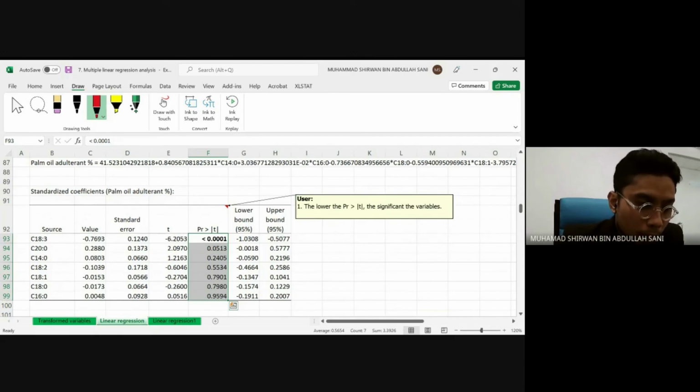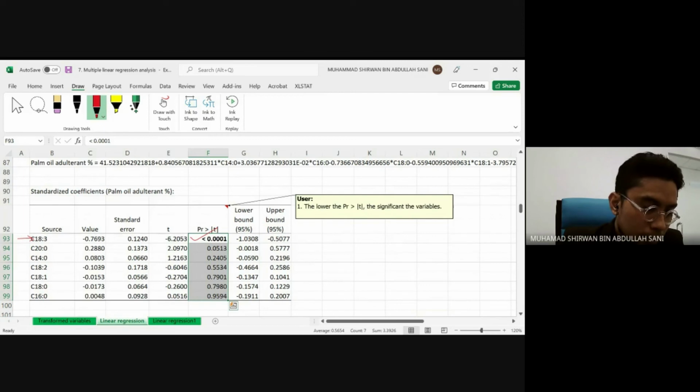Okay, all of these 7 variables or parameters are contributing to the MLR, but we want to check which one is the most contributing variable. So in this case, C18:3 is the significant one. The lower the probability value, the more significant the variable.